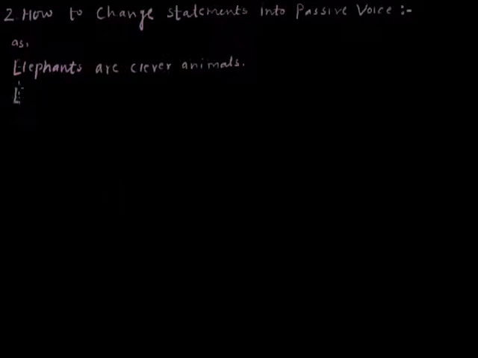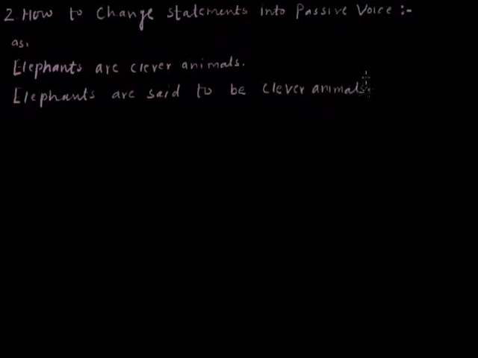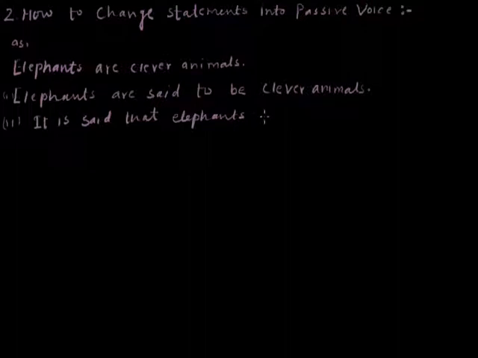First, elephants are said to be clever animals. One more way to change the statement into the passive voice is that we can also say, it is said that elephants are clever animals. So in this manner we can change the statement into passive voice.